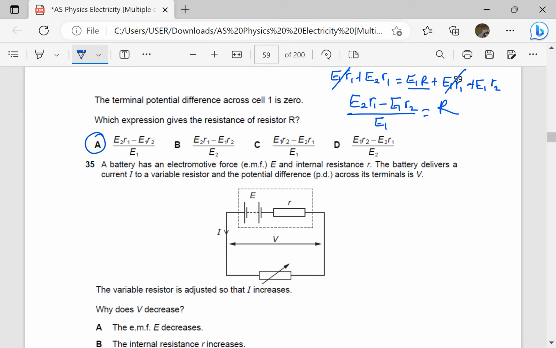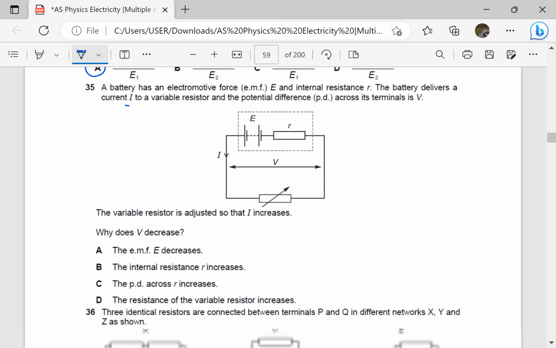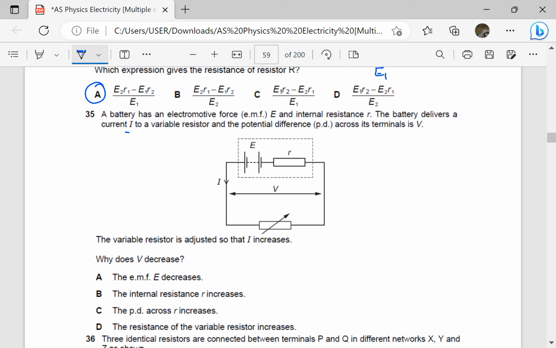A battery has an EMF E and internal resistance r. The battery delivers a current I to a variable resistor and the potential difference across its terminals is V. The variable resistor is adjusted so that I increases. Why does V decrease? Remember, we have already seen that EMF E is equal to the terminal PD plus the lost volts.